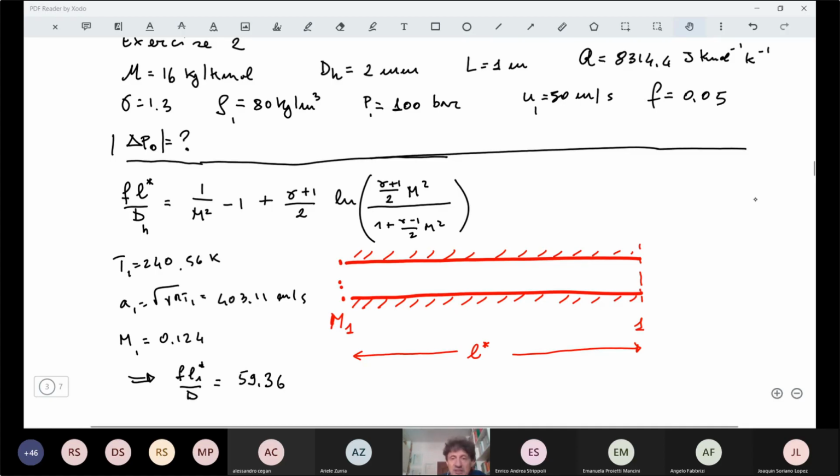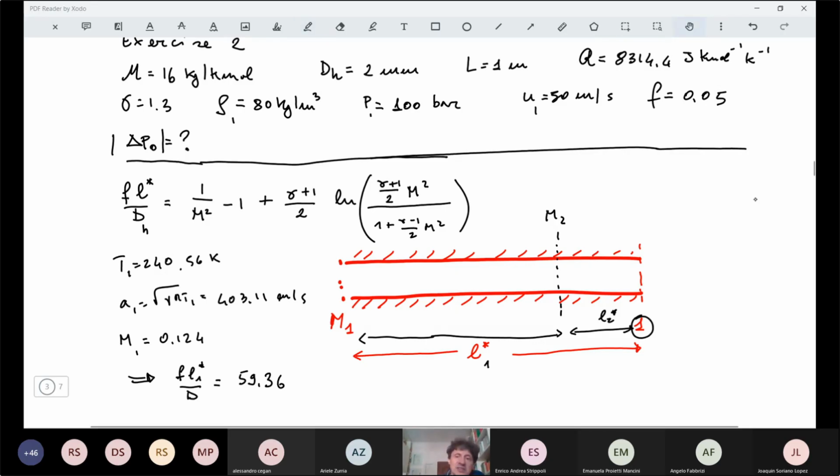If this is the case, it means that we have a position here corresponding to L1 star, and we will have also L2 star. For point 2, when we have M2 here, we will still have a length to be considered to reach our unit Mach number.